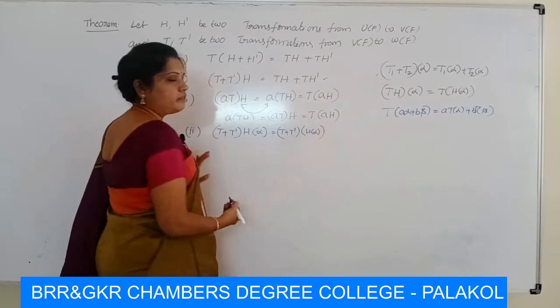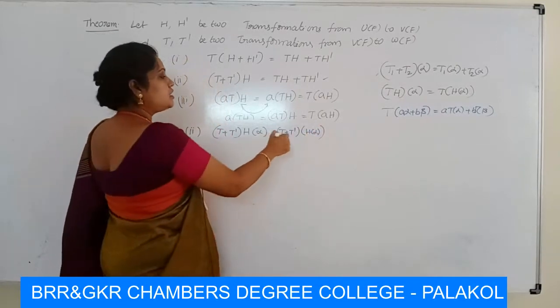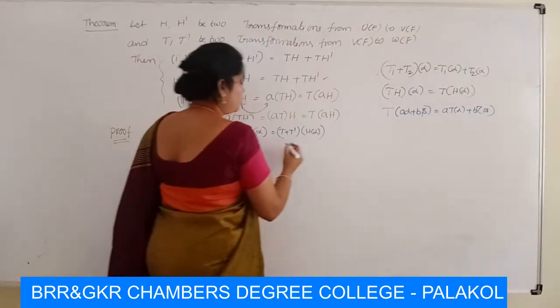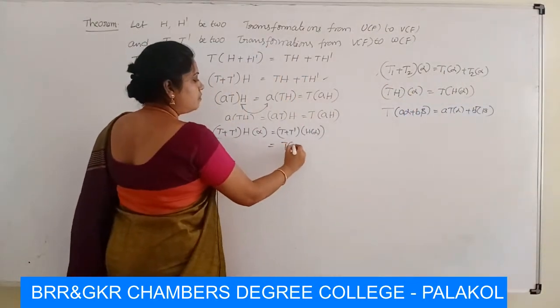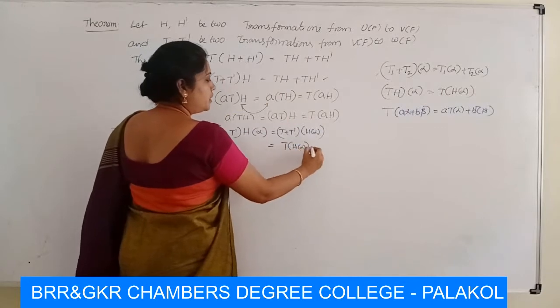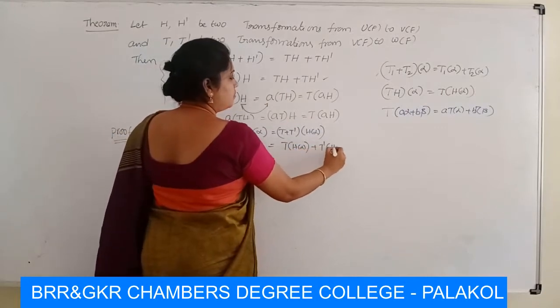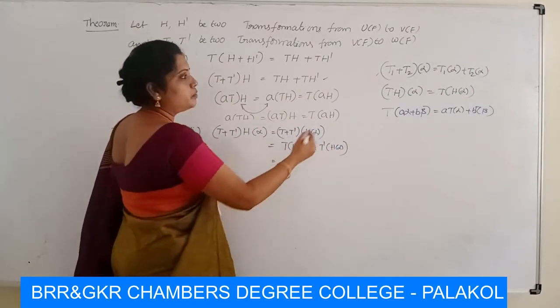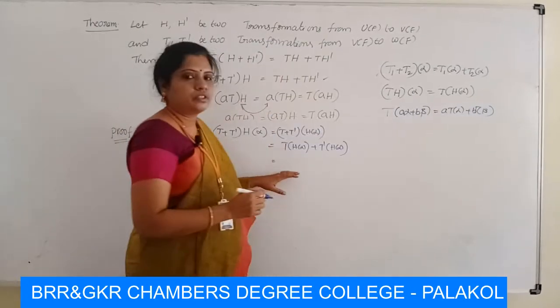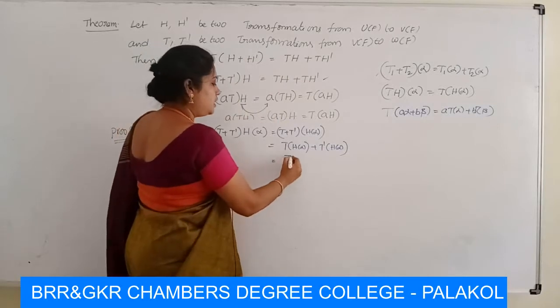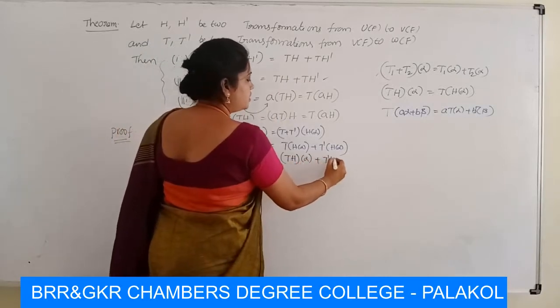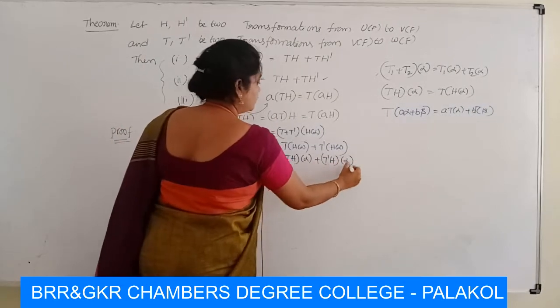H of alpha is a vector of V. So again, the sum of the transformations can be written as T1 of alpha plus T2 of alpha. So T of H of alpha plus T dash of H of alpha. So T of H of alpha is the product of the transformations, that can be written as TH of alpha plus T dash H of alpha.